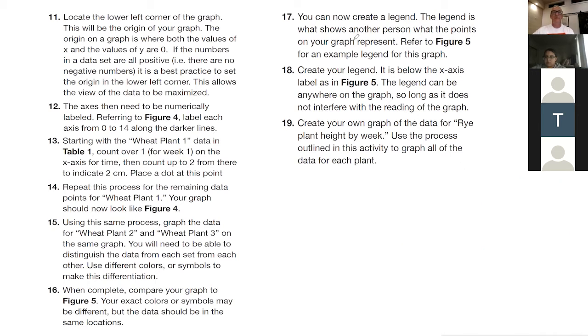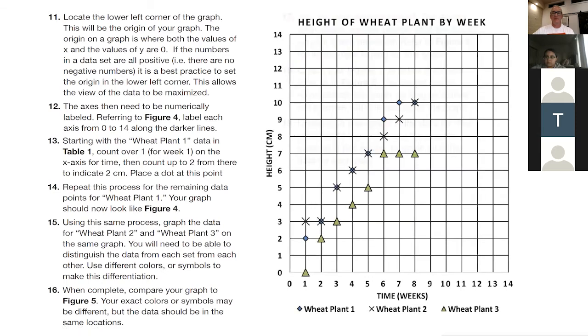So when you're done, you should have something that looks like that, right? So you can see that this has pretty much everything we're looking for. We have a key down here that tells us what the different points are for each plant. Okay, that's cool. We know what the time is.